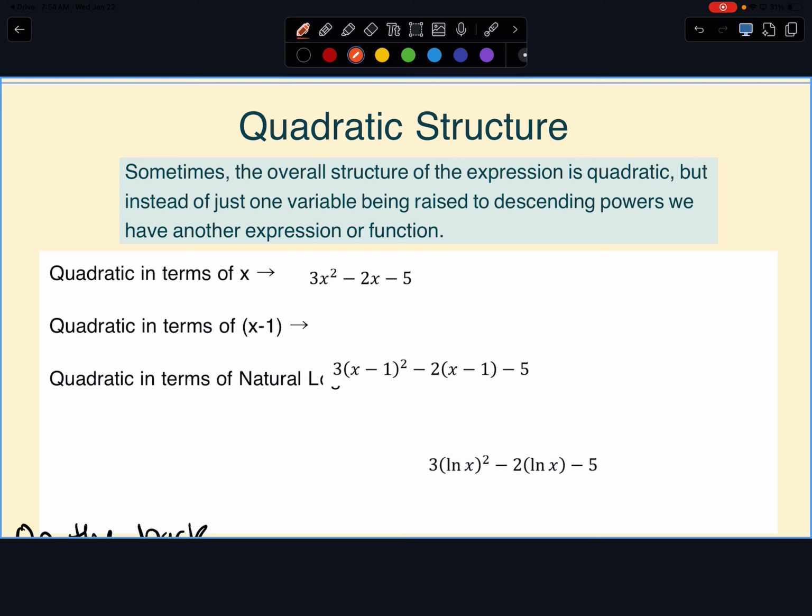You know how to factor quadratics, right? So in this first example, if we want something that multiplies to 3 times negative 5 and adds to negative 2, we could say 5 and 3, where the 5 is negative, right? And we could split negative 2 into negative 5x and positive 3x.